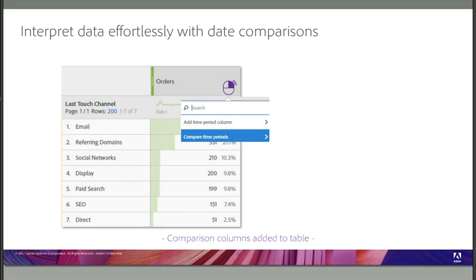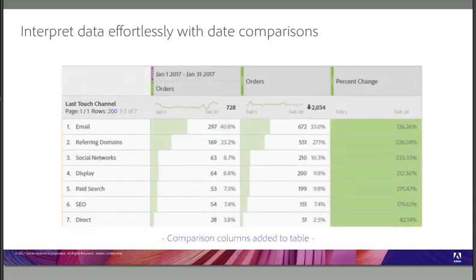Within the right-click, you'll be able to do a comparison of time periods, where you can see maybe the current month compared to last month. And we're automatically going to show you the percent change between those two columns. So it's just a quick way that you can get some additional data pulled into your table that will empower some additional visualizations as well.